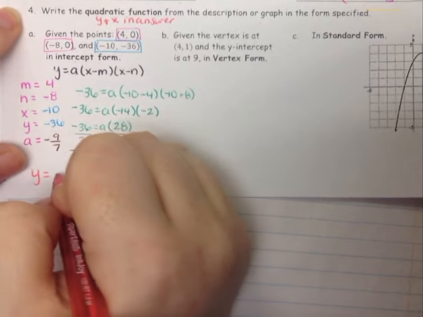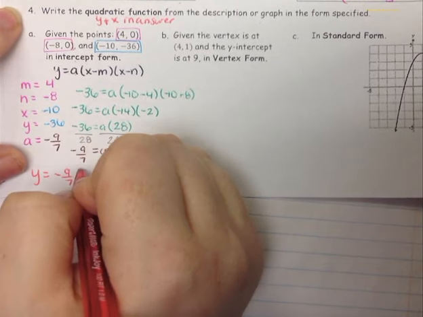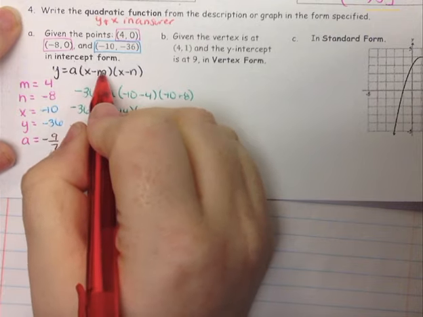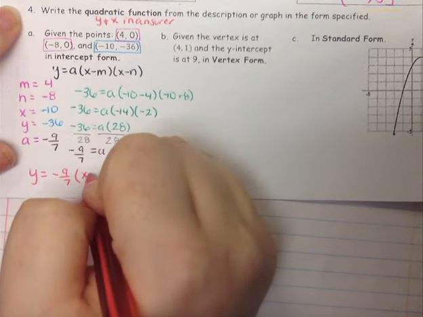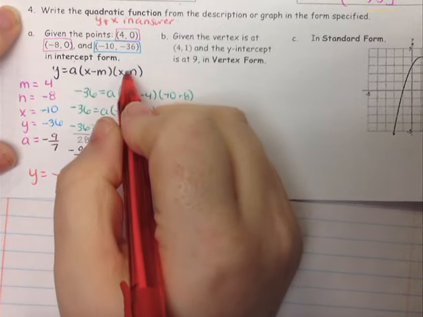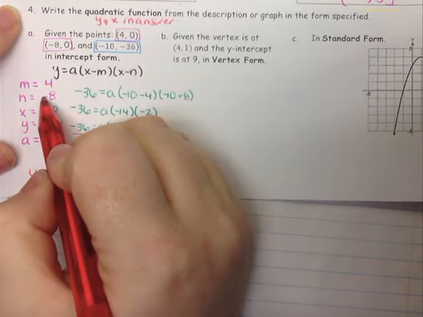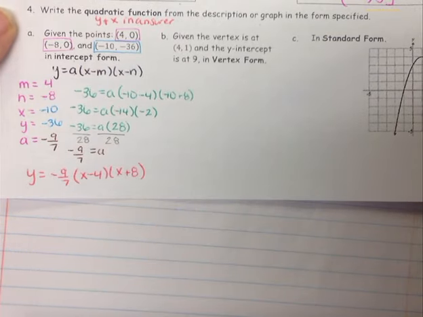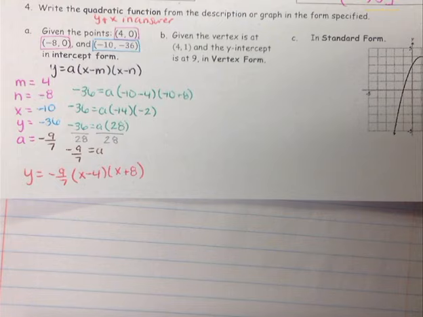So we have negative 9 over 7, parentheses. x is going to be a letter, minus m, so that's going to be minus 4, parentheses, parentheses. x is going to be a letter, minus n, so that's going to be minus that negative 8, that'll be plus 8. That is our function in intercept form.